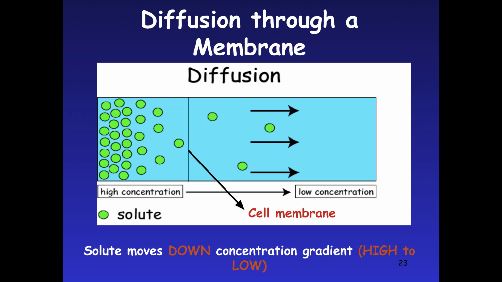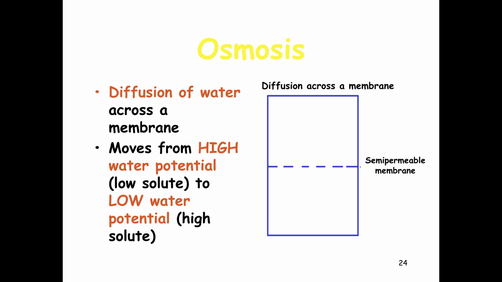So we say that things move with a concentration gradient, or they move down a concentration gradient, from high to low, right? Okay, so a special kind of diffusion for water is what we call osmosis. Again, this is another big vocabulary word that we need to memorize, to learn.